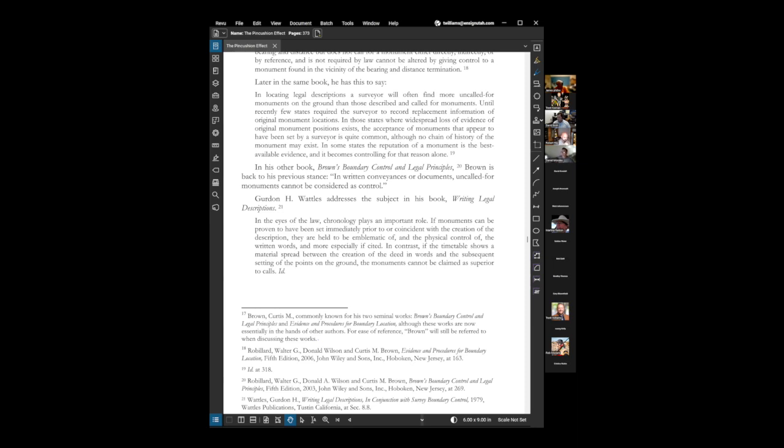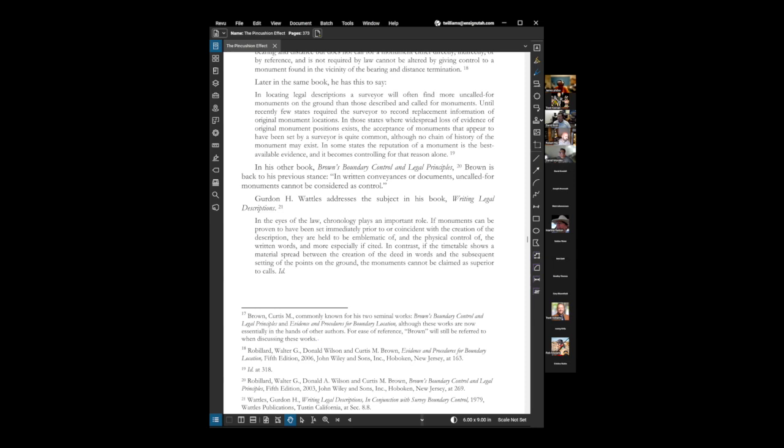So James was talking just a second ago about original corners or corners that are old but may not be original. So I really found this interesting. He quotes Waddles here. It says, "In the eyes of the law, chronology plays an important role.